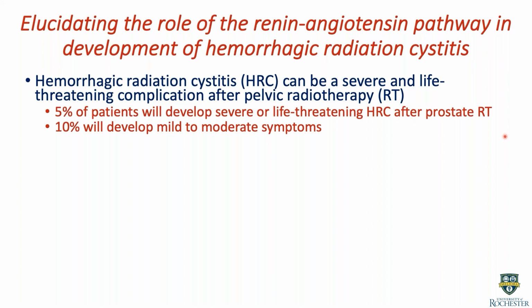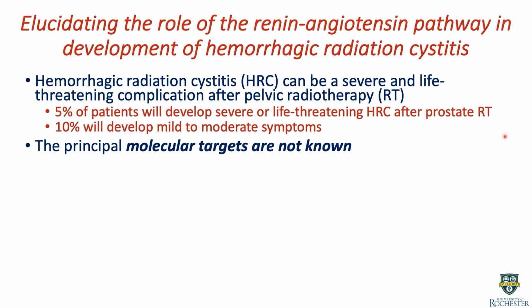About 5% of patients develop severe cystitis, and 10% develop mild or moderate symptoms. And they may seem small percentages, but there are 3 million prostate cancer survivors in the US, so we see a large patient population. And the principal molecular targets for radiation cystitis were unknown.